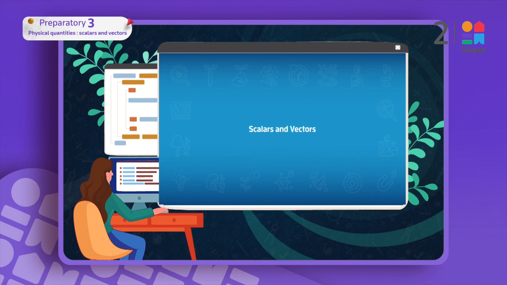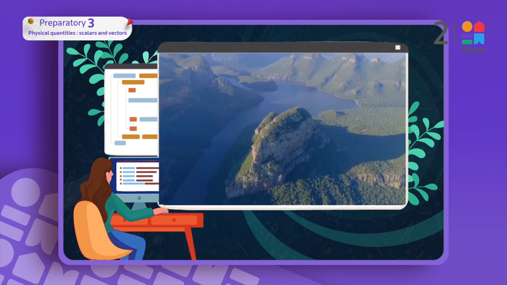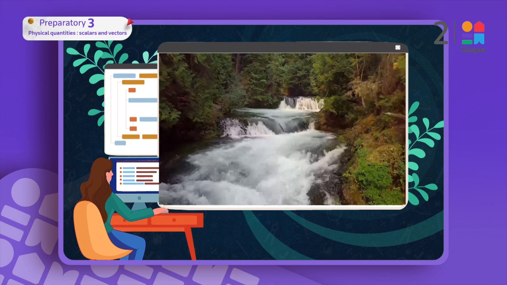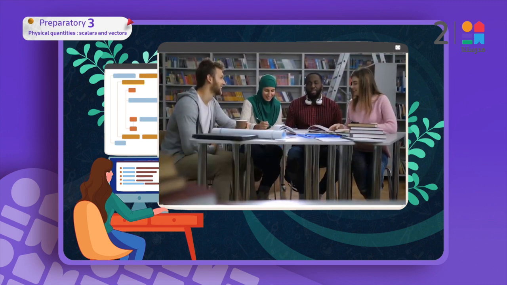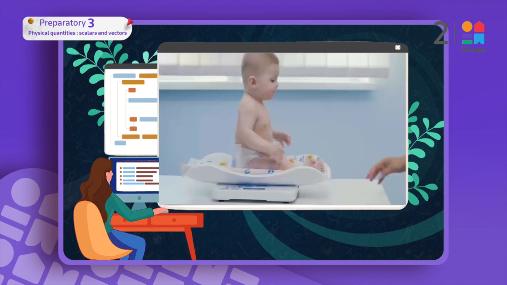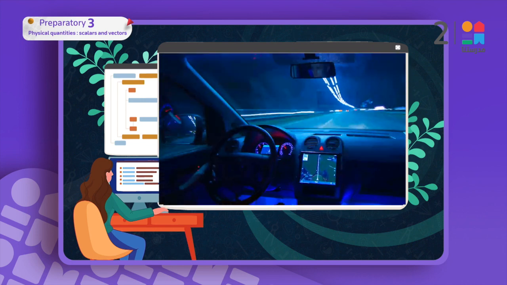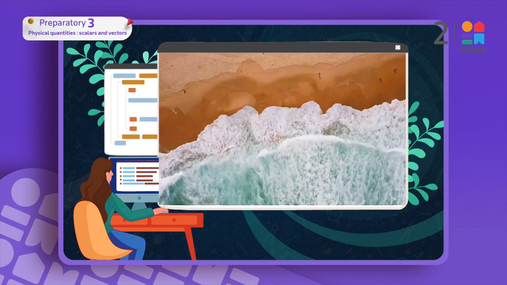Scalars and vectors. The height of a mountain, the speed of the water flowing in the river, the force with which the river flows. Most of us haven't heard of scalars and vectors until we study physics. But we know the words weight, height, speed, force, and other words that relate to quantity in physics.